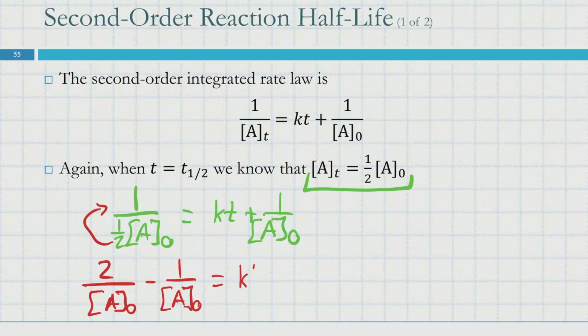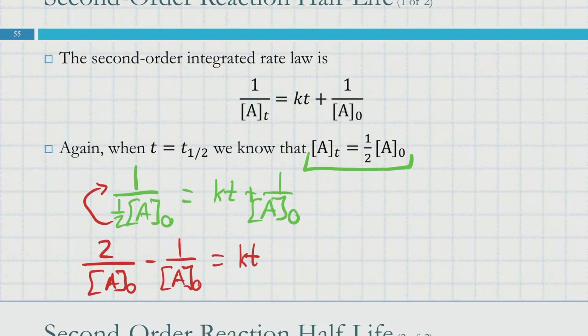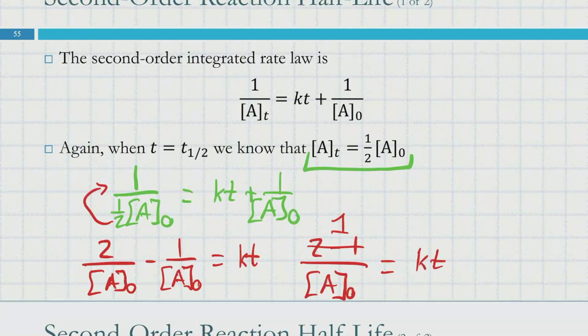That leaves us with kT on the right side. These have a common denominator, so we can combine them. So that becomes 2 minus 1 over concentration of A naught, which of course turns into 1 over A naught, and that's equal to kT.